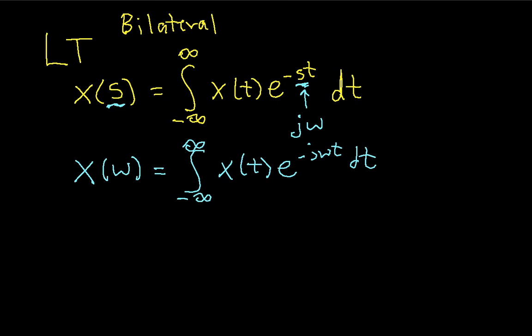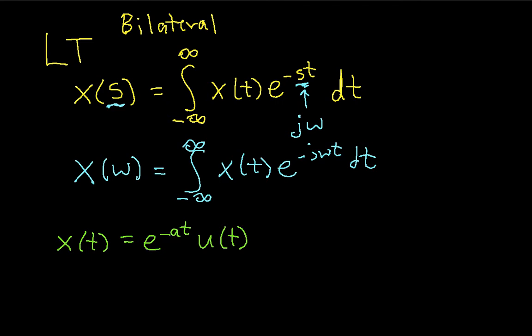So if I already know the Laplace transform of a particular time function, then I can find its Fourier transform very easily. As an example, suppose that x of t is e to the minus at u of t. So this is a decaying exponential that starts at 0 and then decays with a rate given by a.